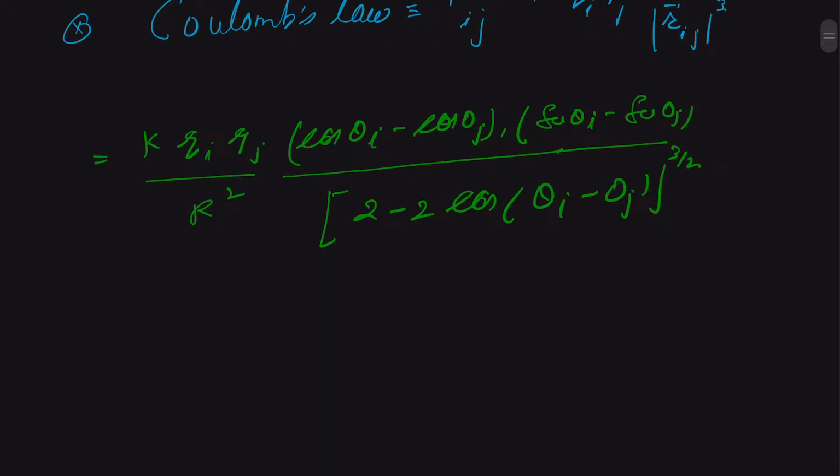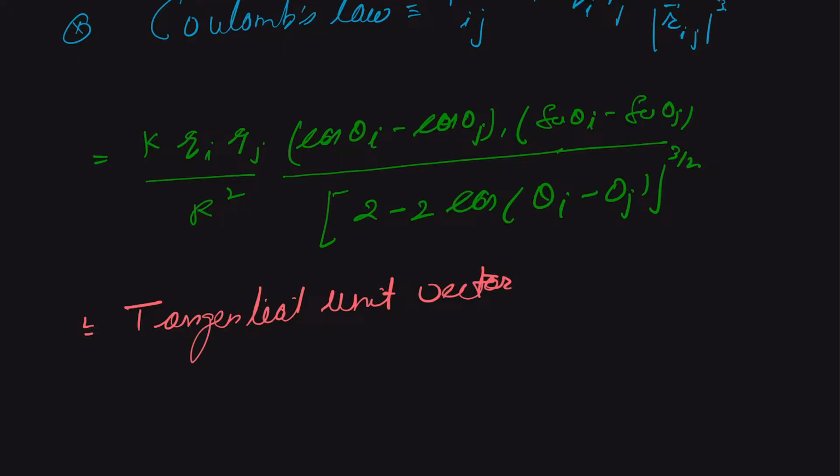Therefore we can say that the tangential unit vector, let us call this our Ti unit vector, will be equal to minus sine of theta i and cos of theta i.